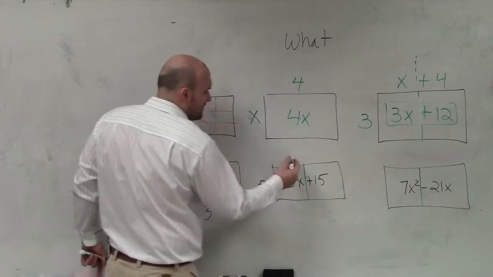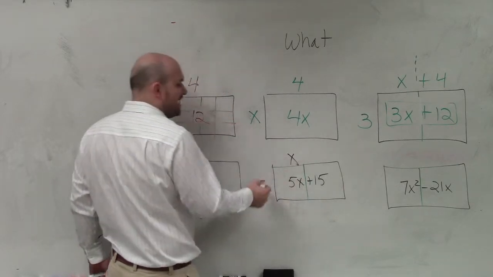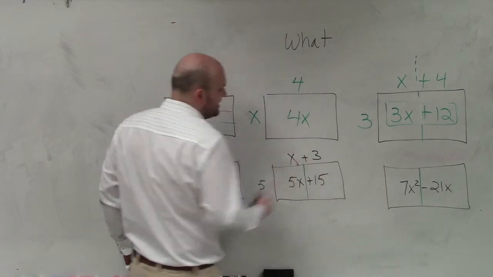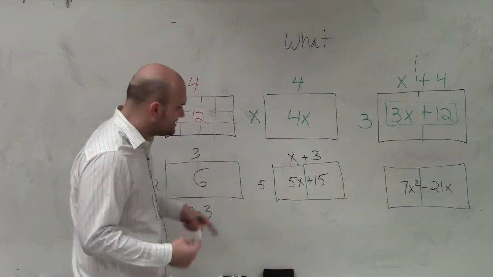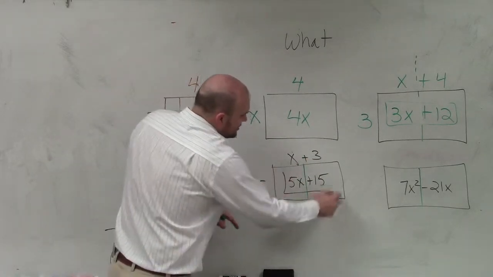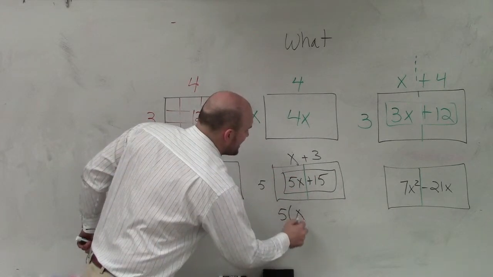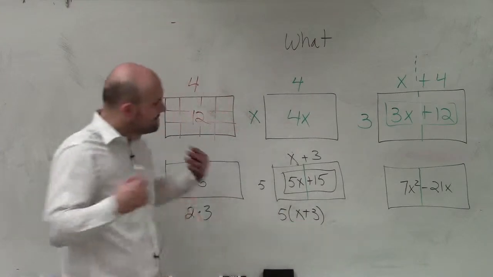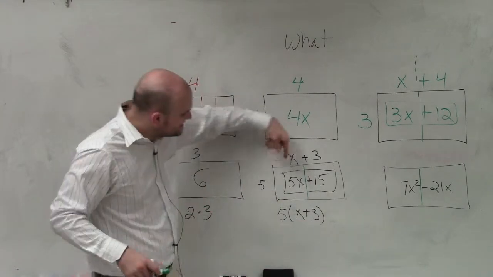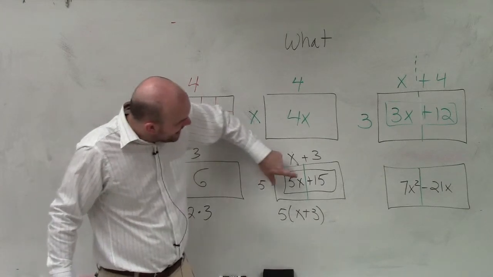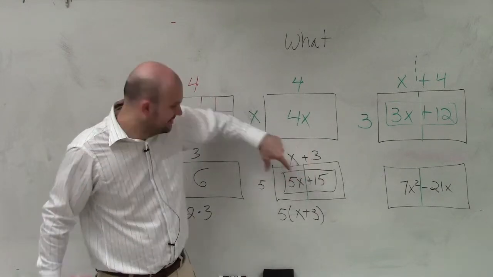Well, 5 times x is 5x, and 5 times 3 equals 15. So now you can see that I can rewrite the expression 5x plus 15 as the product of 5 times x plus 3. Basically what I did was I found a term, 5, that divides into both of my terms, right?